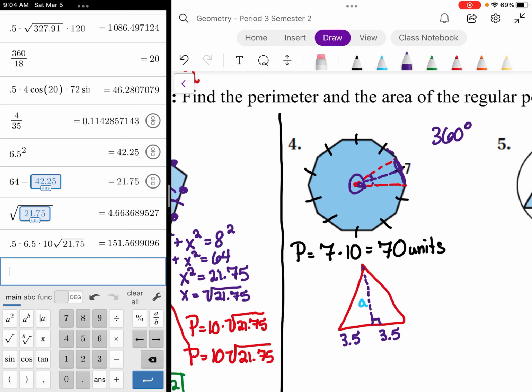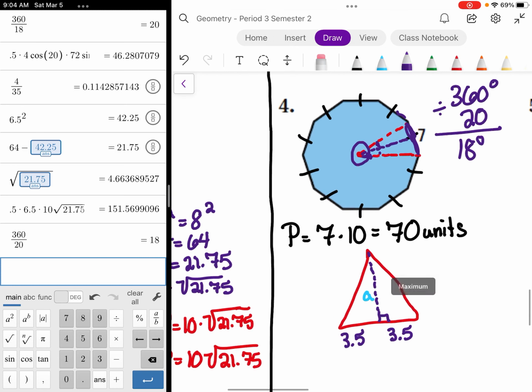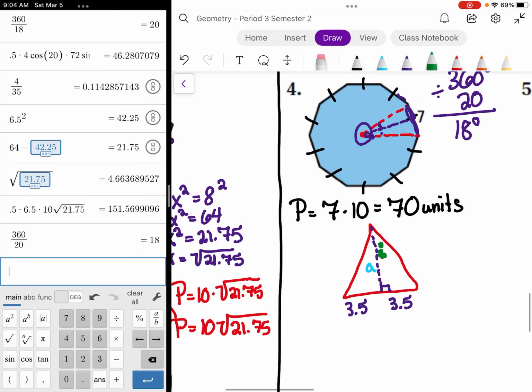And that's what we're going to divide this 360 by. And that will give us 18 degrees. So each one of these little angles up here is 18 degrees. Well, that's kind of hard to read, so I will write it over here. So that angle is 18 degrees.